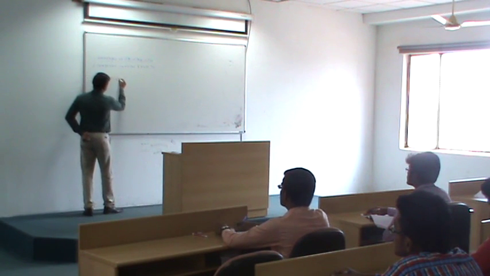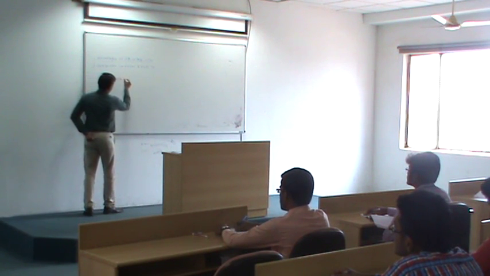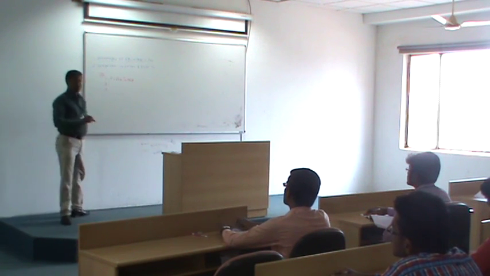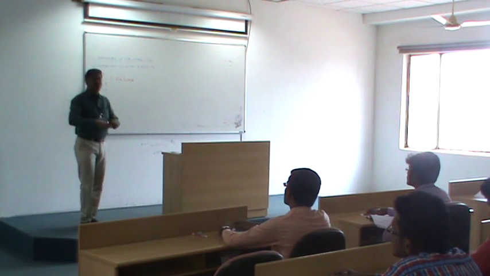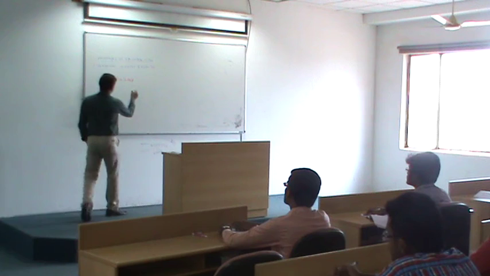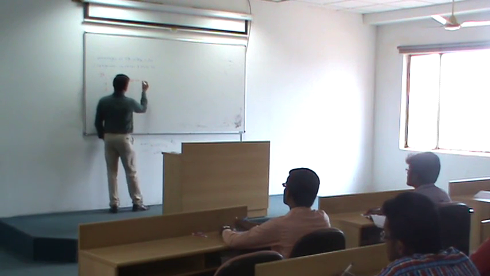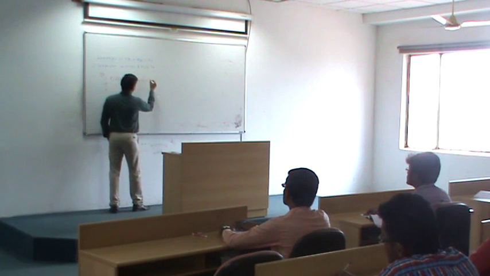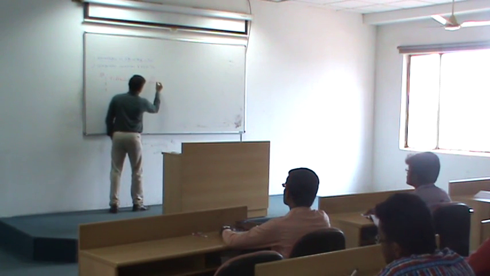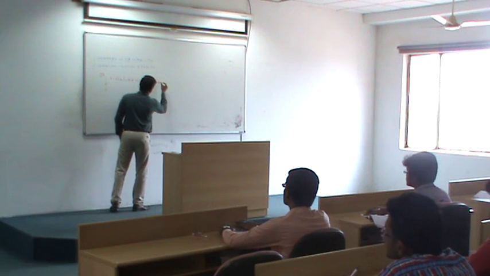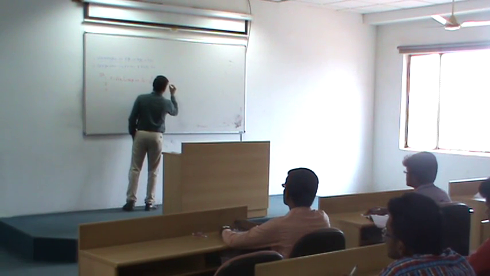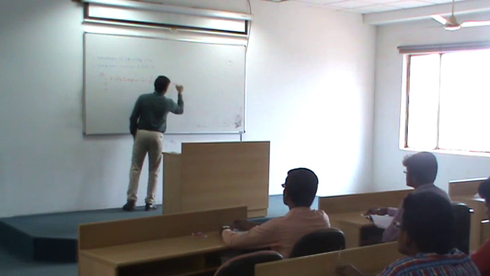The thing is, P is equal to root 3 VL IL cos phi. This is the very famous equation of power. You would have studied it in your circuit theory. So from this, what we can write is IL is equal to P divided by root 3 VL cos phi, or this can be written as P by root 3 V cos phi.